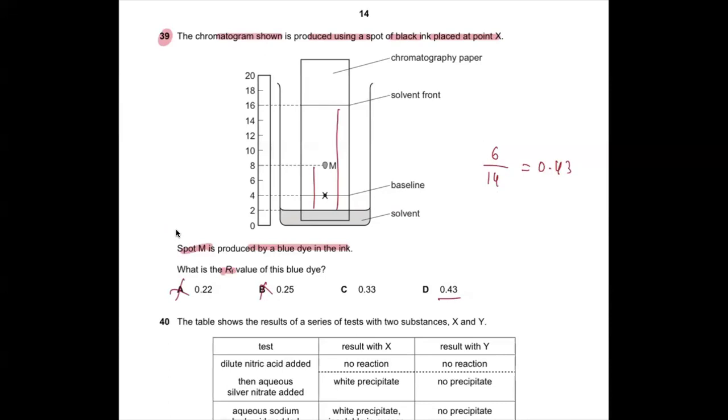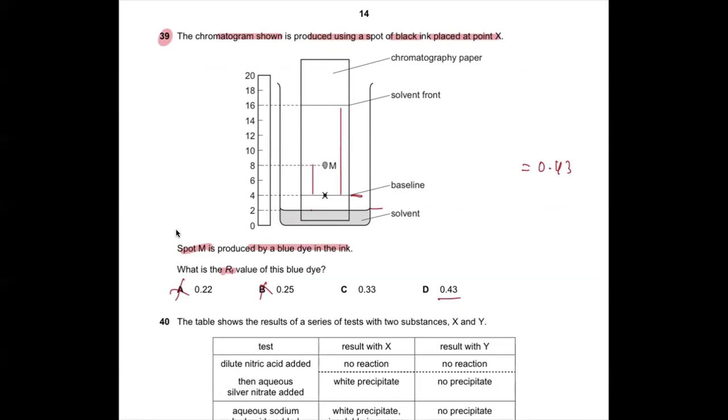Is it 0.43? Okay, see, we made one mistake. If you see, this is the baseline. Sorry, my bad. This is the baseline. So we always take the measurement from the baseline, not from the solvent level. So it is from this point and from this point.